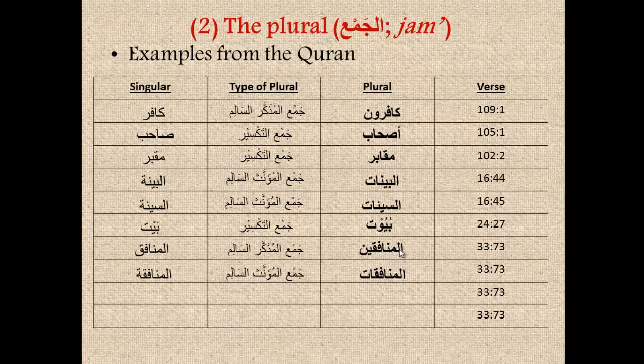And then we have al-mushrikina, jama' mudhakkar salim, al-mushrik. And last but not least, we have al-mushrikat, which is jama' al-mu'annath al-salim. The singular is al-mushrikah. So al-munafiqina is the male hypocrites, al-munafiqat, the female hypocrites, al-mushrikina, the male polytheists, and al-mushrikat, the female polytheists.